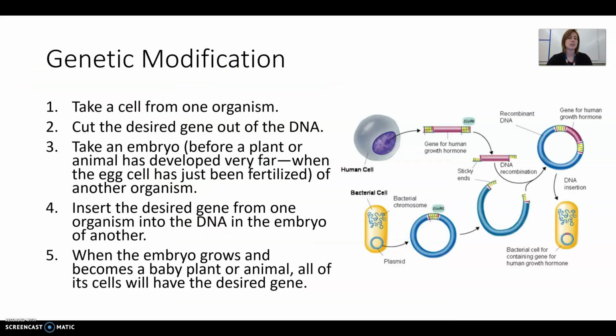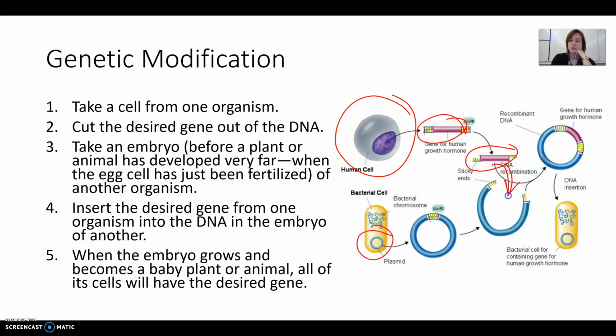Okay, so genetic modification. This looks complicated, but it's actually not. Let me explain what's going on here. So we have a human cell, and we took DNA from the human cell that has a gene for growth hormone, right? And then they put it into bacterial DNA. So here's the bacterial DNA. They put the gene for human growth hormone into that.